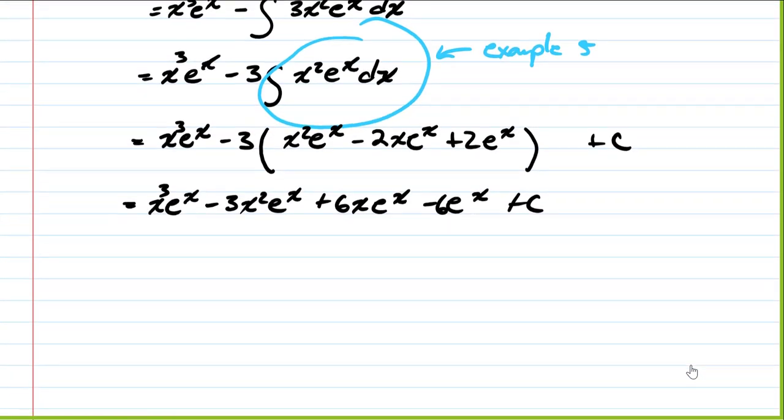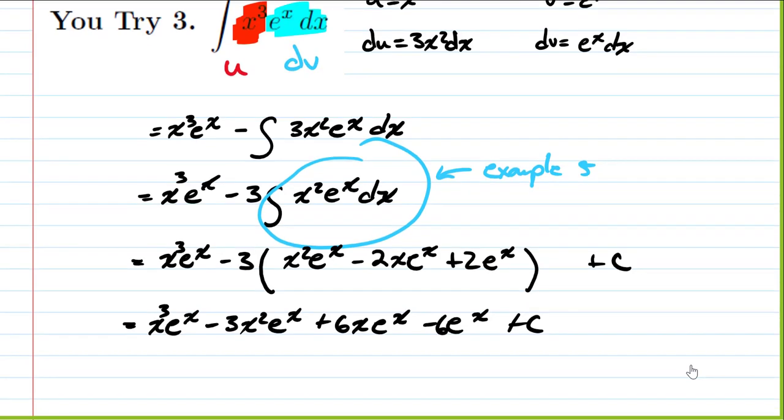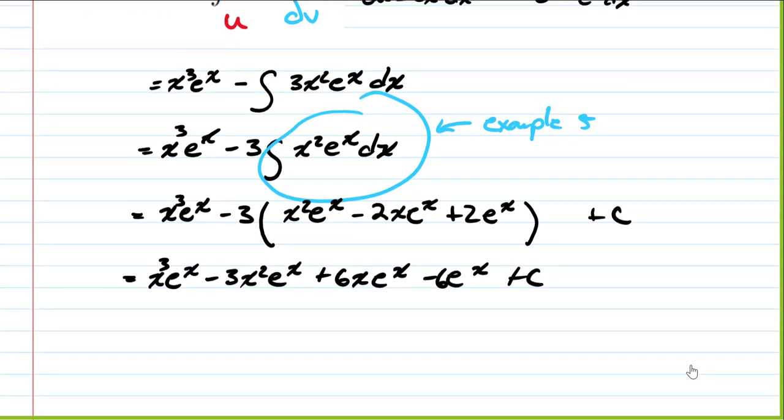There's also something interesting that we might want to take note of. So if I were to make an observation, if I call this function u, and if I call this function dv, I might notice something interesting that happens down here.